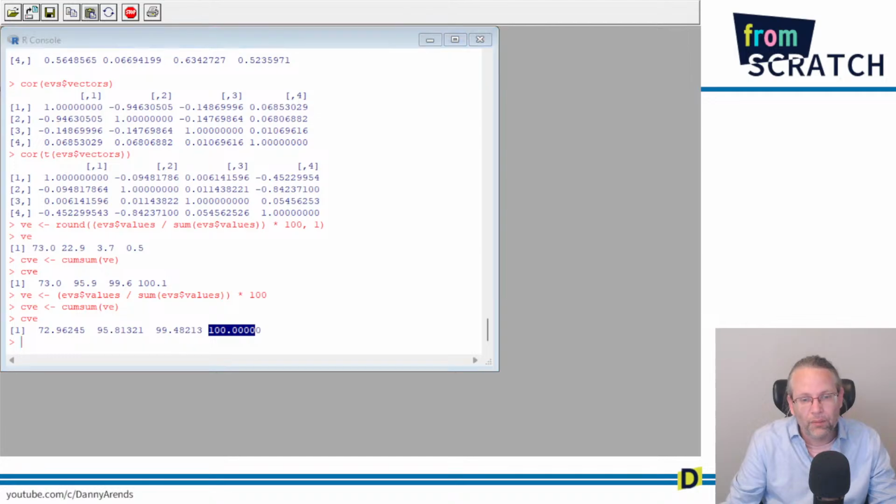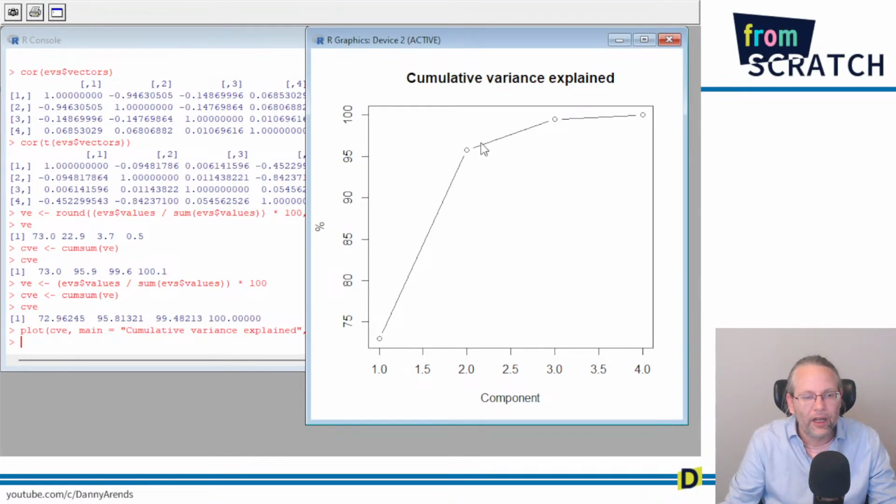All right, so we can basically just plot the cumulative variance explained, and then we get our graph, which looks like this. We can see that the first component explains around 73%. The first 2 components combined explain 95.8% of the variance seen in the data. And with the third component combined, we are already up to 99.5% of the variance explained.